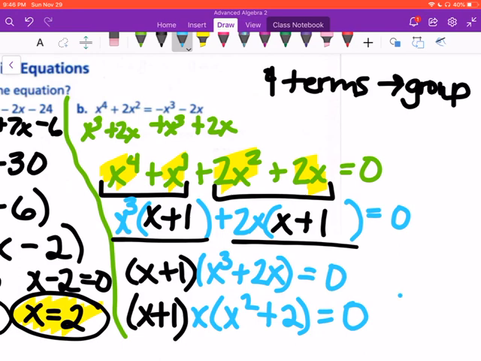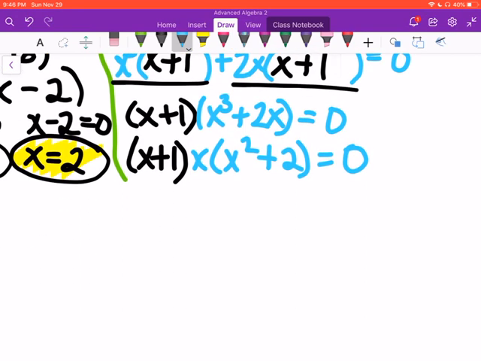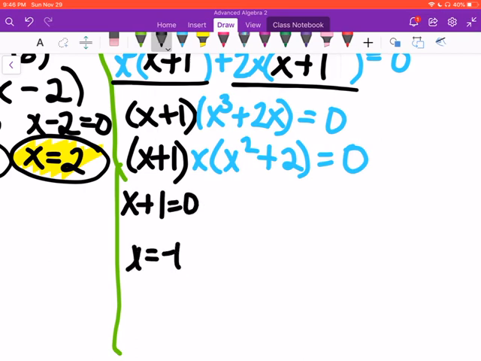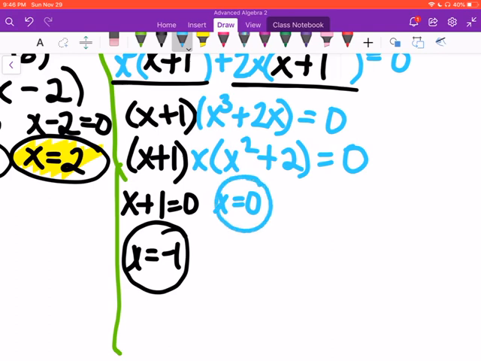So now I can apply the zero product property. Set each factor equal to 0. So if I set x plus 1 equal to 0, one solution is going to be -1. If you set x equal to 0, there's a solution.